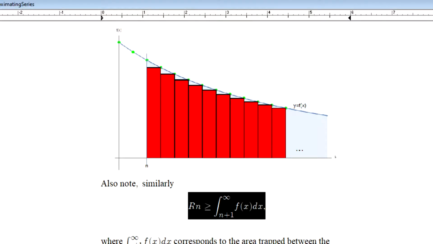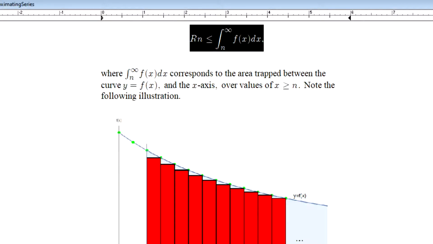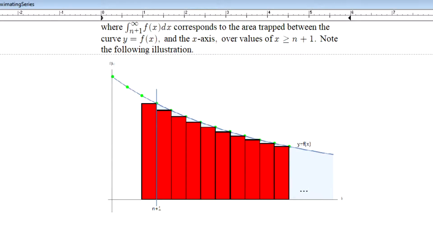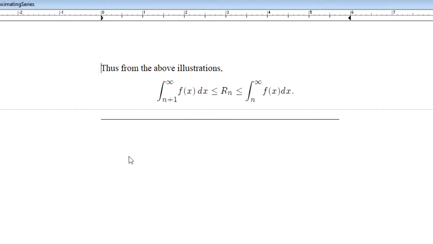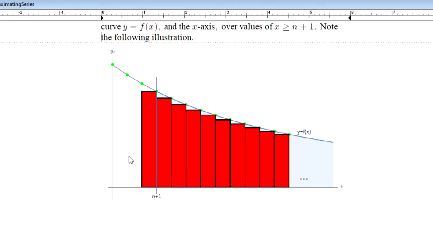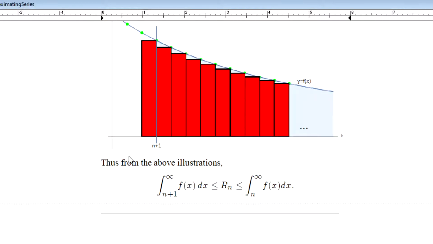So if we put this result together with this result in our proof, we get the overall proof. Thus, from the illustrations above, this value of R sub n must be stuck between these two improper integrals. A lot of students get these backwards.